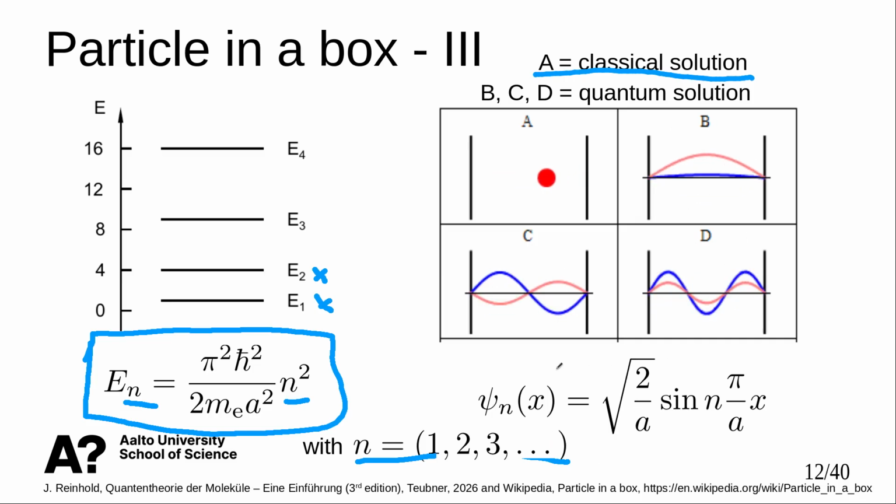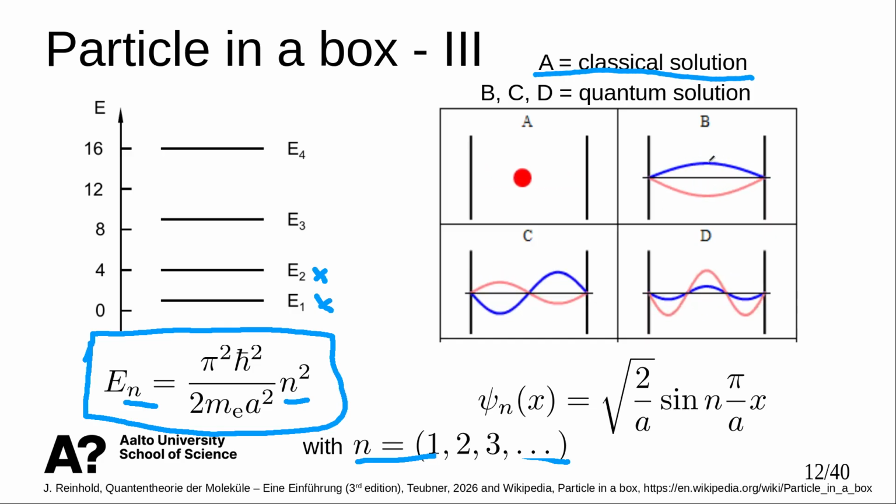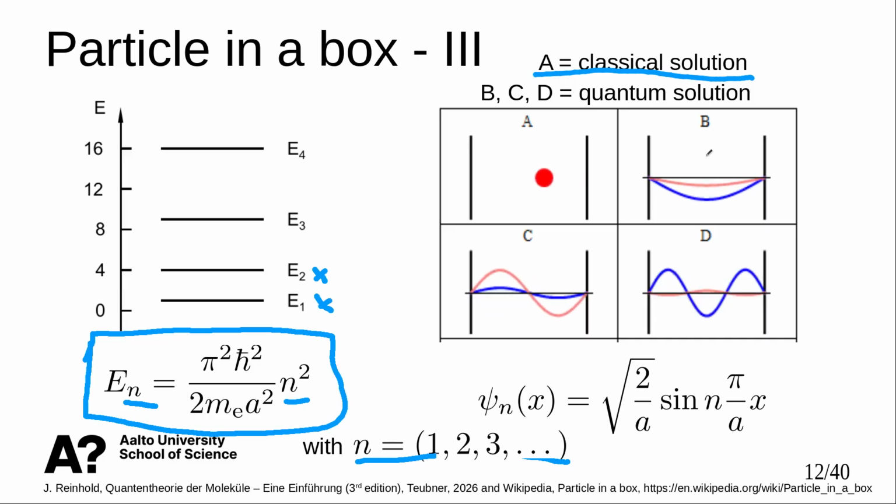So for the n equal 1 case, or independent of which state we're currently looking at, the probability is 0 at both edges, as our boundary sets it to 0, and then for n equal 1 it becomes maximum in between.